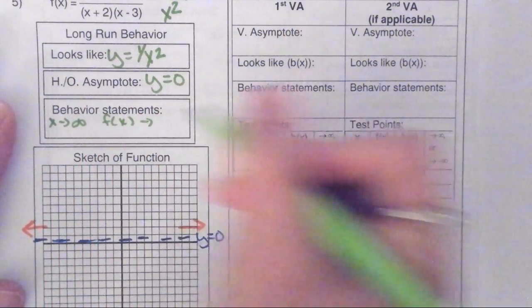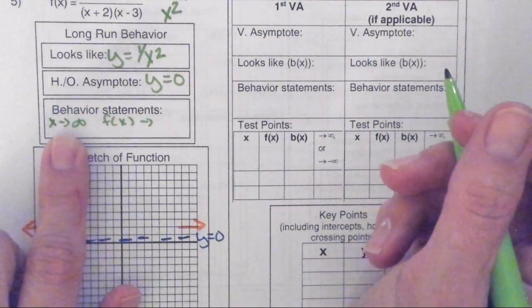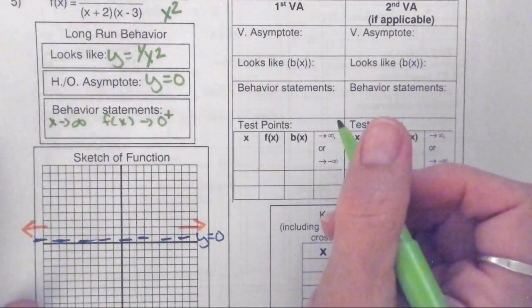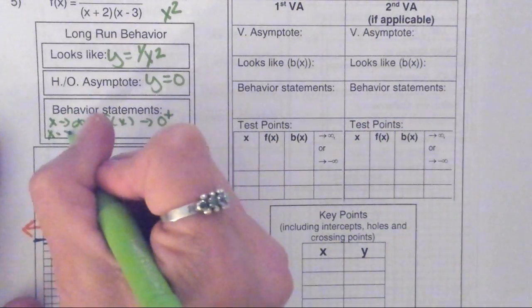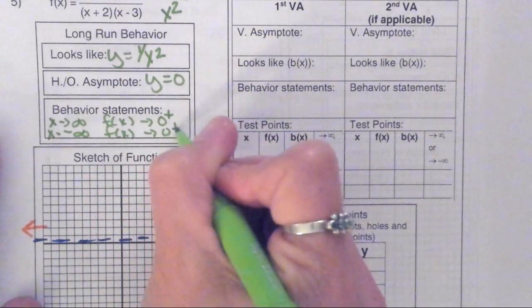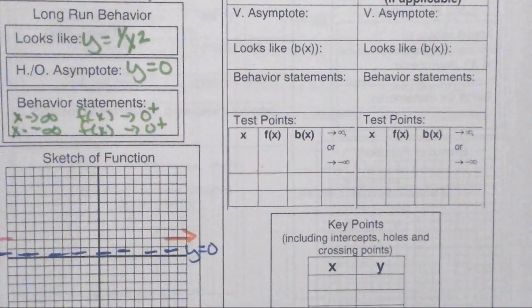So we're going to write that using our notation. As x goes off to positive infinity, my function is going to be above the 0. And as x goes off to negative infinity, my function is still going to be above the 0.